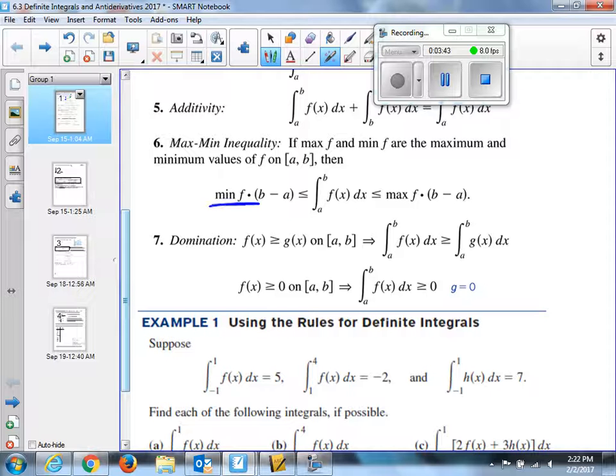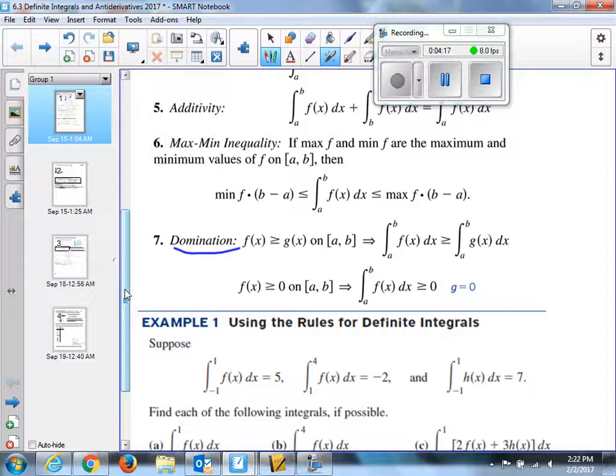The minimum of that function on the interval is going to be smaller than the integral at all other points, and definitely smaller than the maximum of that function. When you think about it, that seems almost common sense, doesn't it? The minimum will be the smallest, the max will be the largest. Function values will either be equal to or in between those two values, right? That's what that tells you.